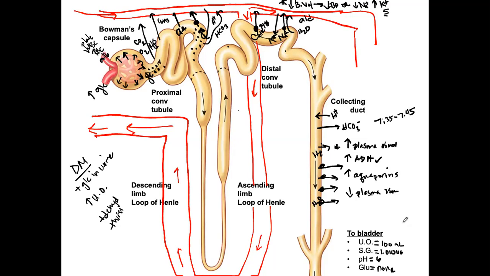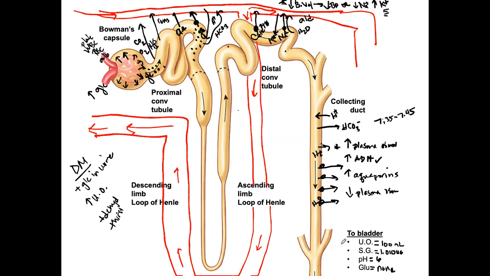Okay, the idea behind this is that specific gravity of water is 1.000, and the more particles you have, the higher the specific gravity is. So specific gravity can range from 1.001, which is really close to water, to 1.030, which is really concentrated. All right, so take a second to think through these.